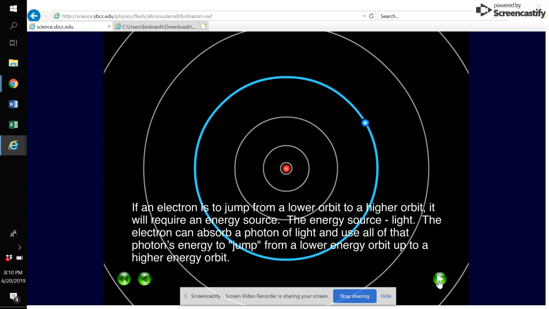A very important generalization in science is that systems do not like to be in high energy states. In the next screens, you will see the electron spontaneously return to the lower energy state. To do this, it must release energy.